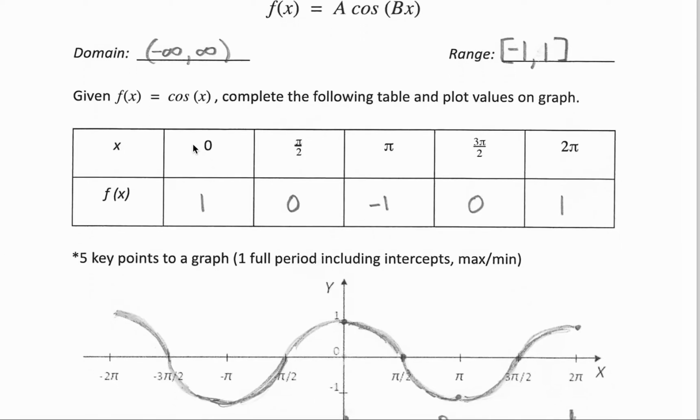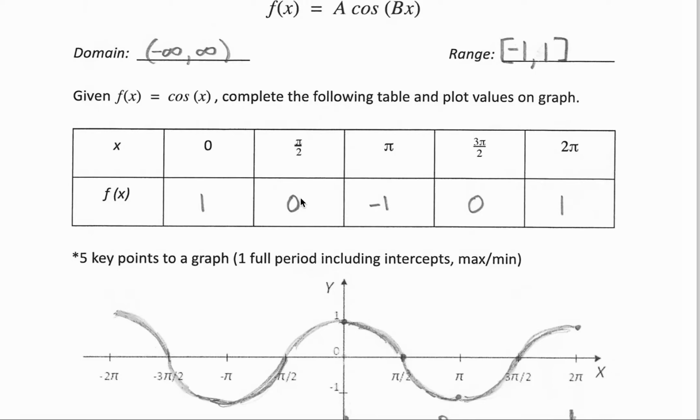So let's practice evaluating cosine here on a table. Cosine is looking for the x coordinate at a point given these radian angle measures. So if I plug in 0 radians, cosine of 0 is going to be 1. I'm all the way right on my unit circle. At pi over 2, I'm on the y-axis.